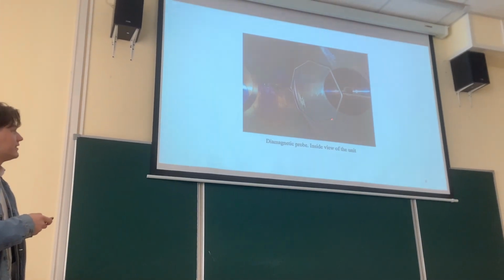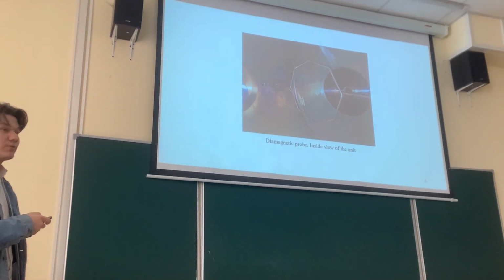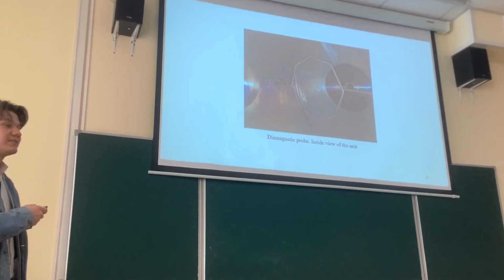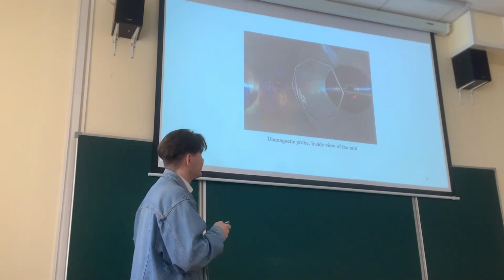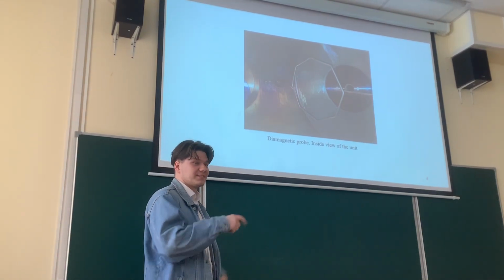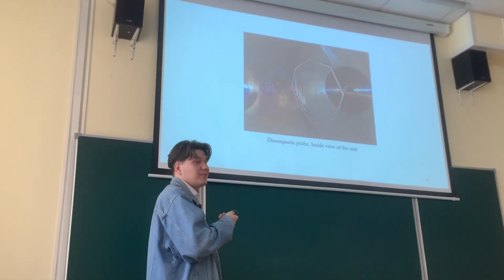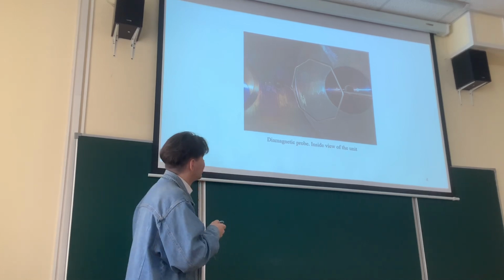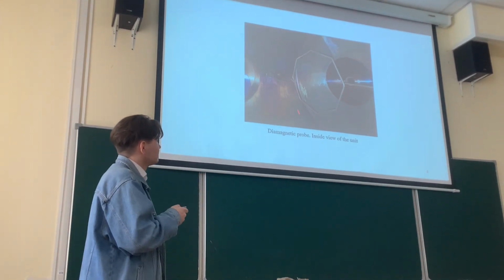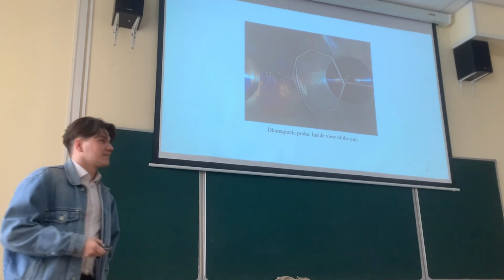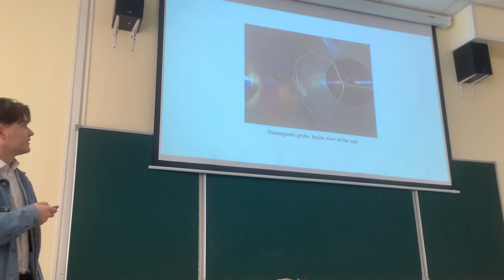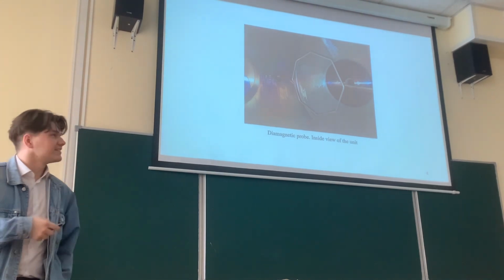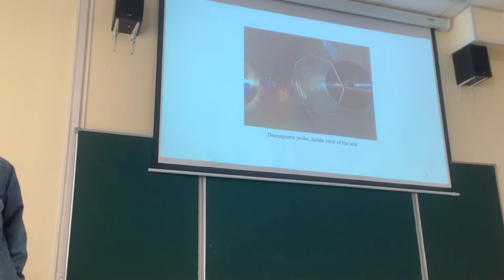As you can see, its shape is an octagon because it's easier to create in octagon form than in a circle. That's why we just did it. That's a view inside of the unit, as you can see.